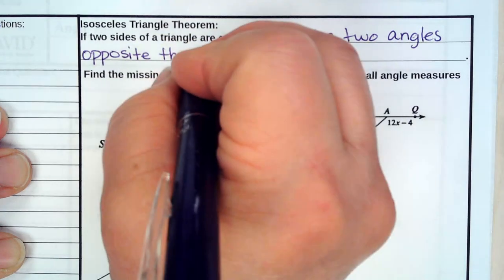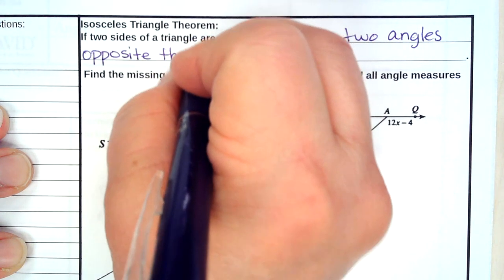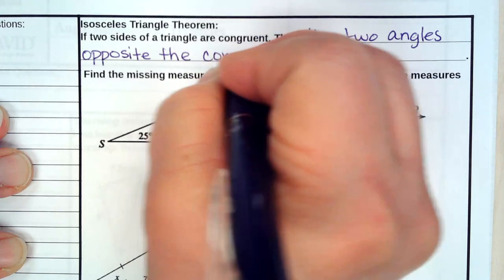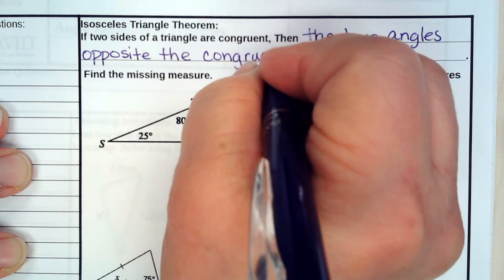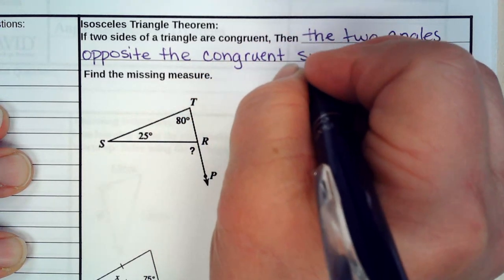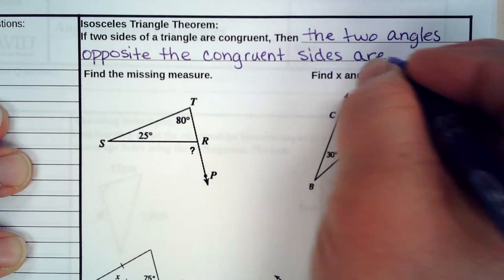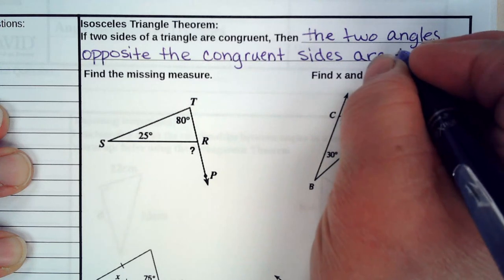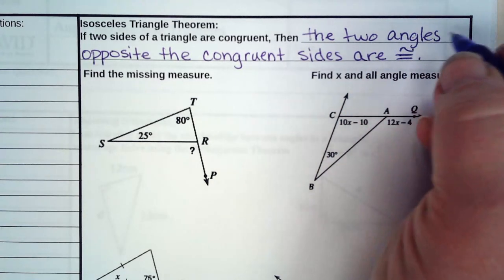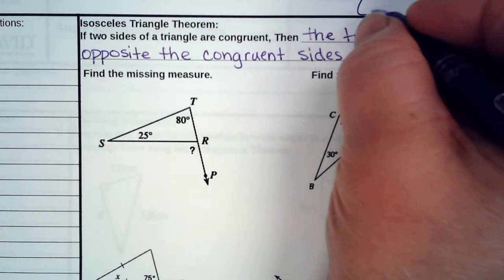The two angles opposite the congruent sides are congruent. These two angles are sometimes called the base angles.